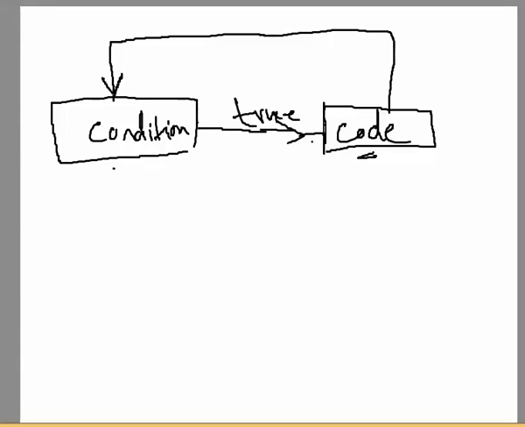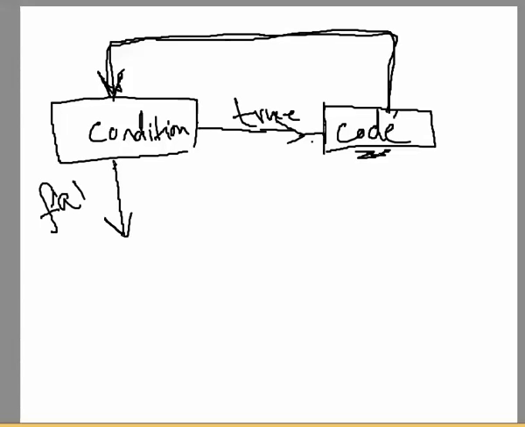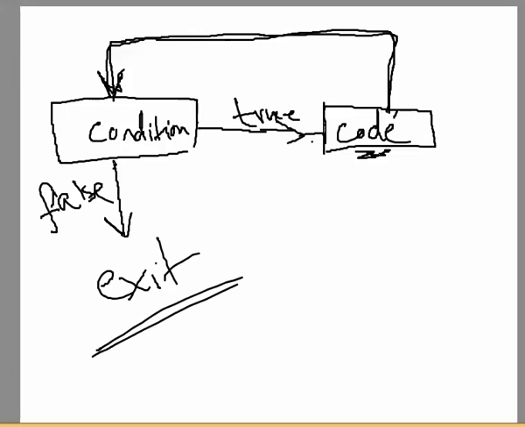If it's true, we execute the code again. Then we go back and check a second time, a third time, a fourth time, until the condition is false, then we exit. Okay? Is this clear?